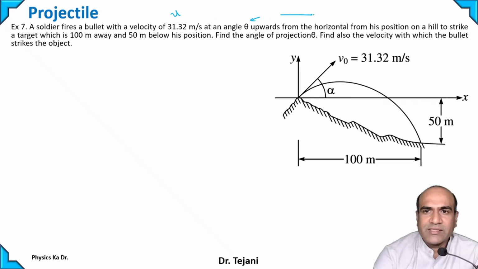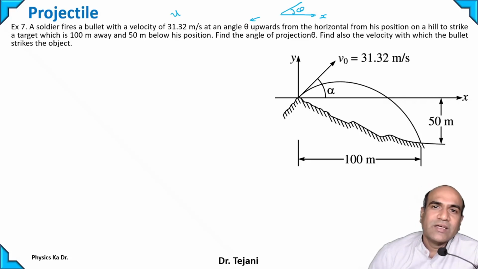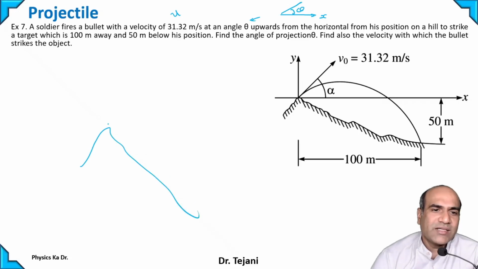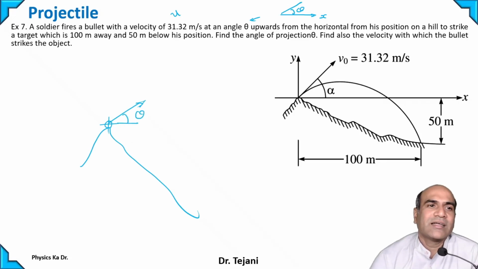That means it is making some angle with horizontal. This is theta, from his position on a hill. So he is on a hill, and it is providing some angle theta with horizontal.